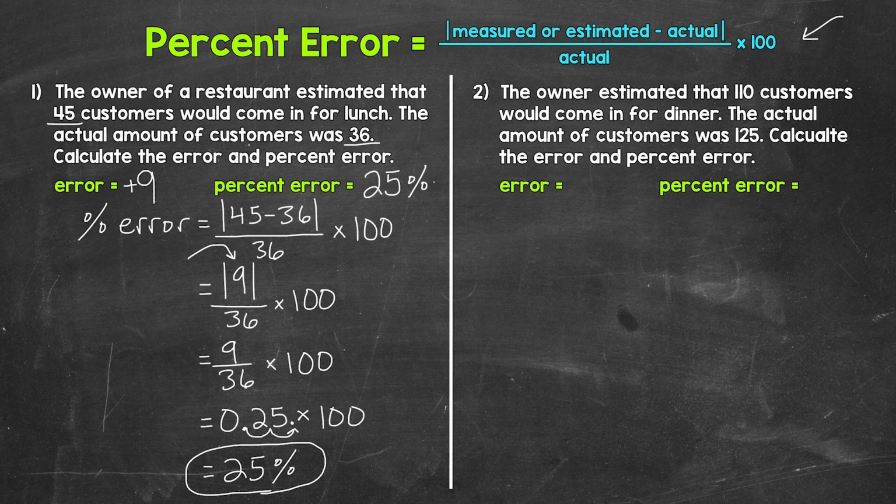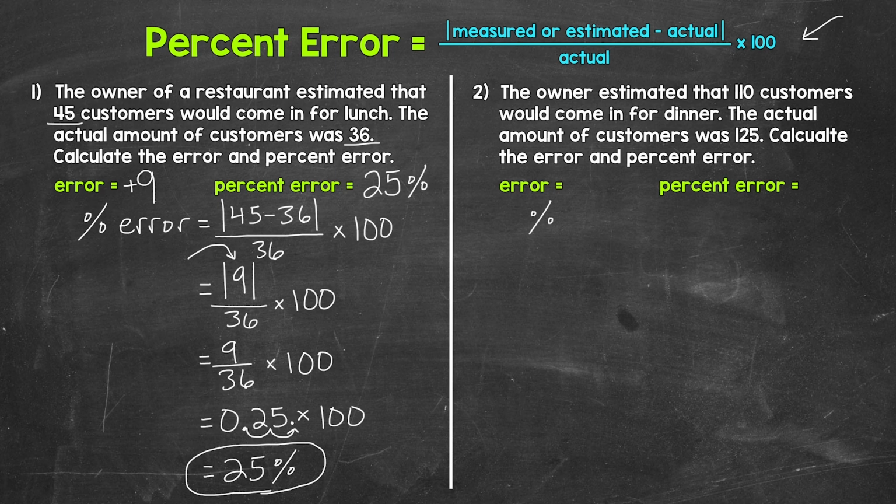Let's move on to number 2, where the owner now estimates for the dinner crowd. We have the owner estimated that 110 customers would come in for dinner. The actual amount of customers was 125. Calculate the error and percent error. So let's set this up.